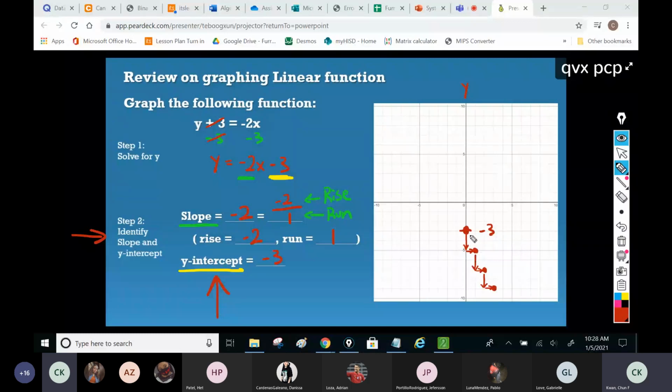So you should get a line that looks something like this. And then on the other side, just follow the trend. This time it goes up.